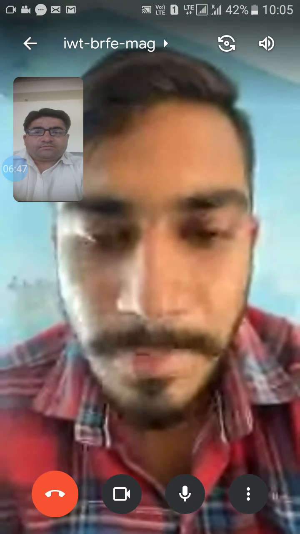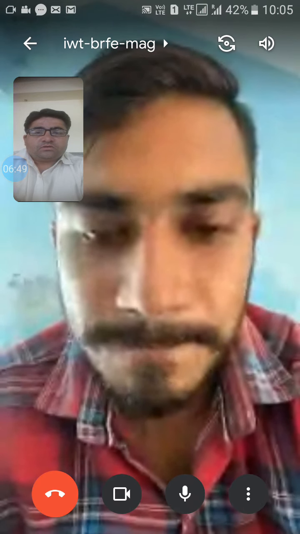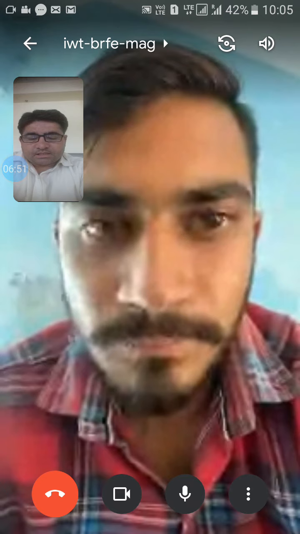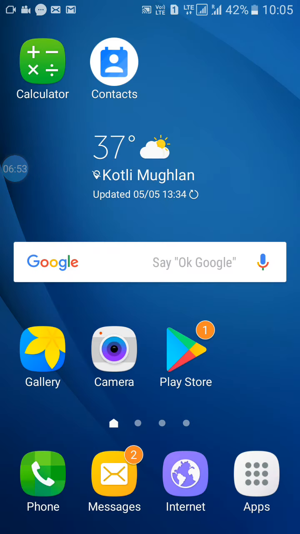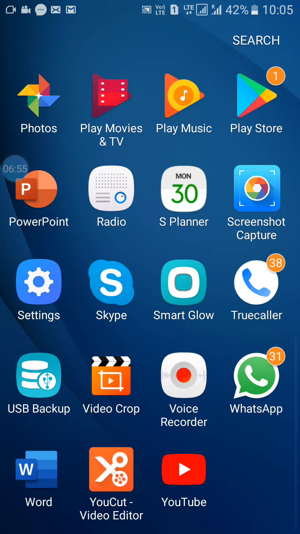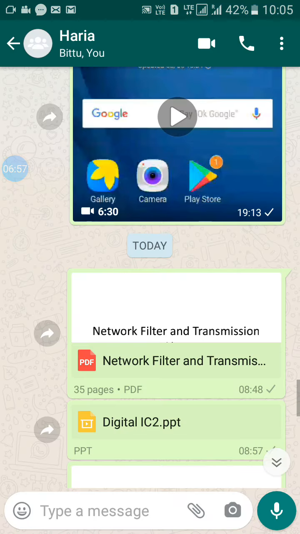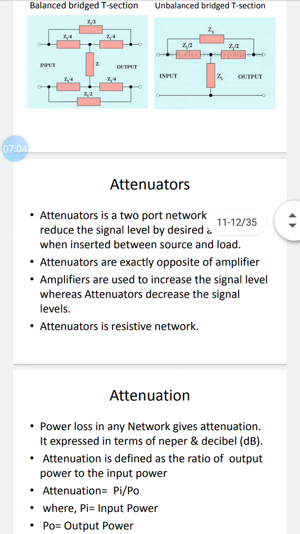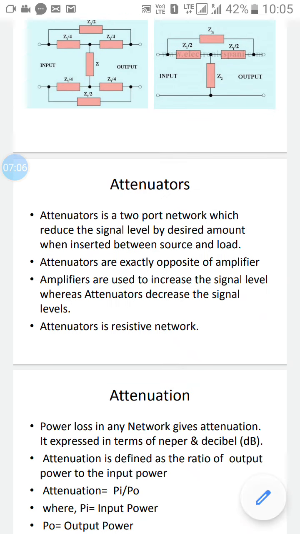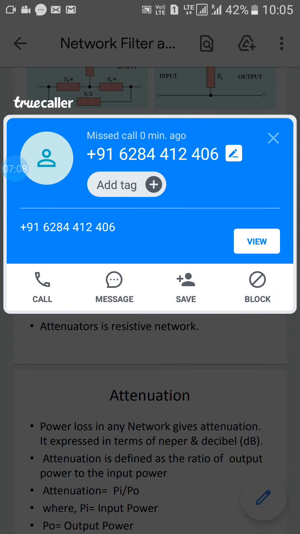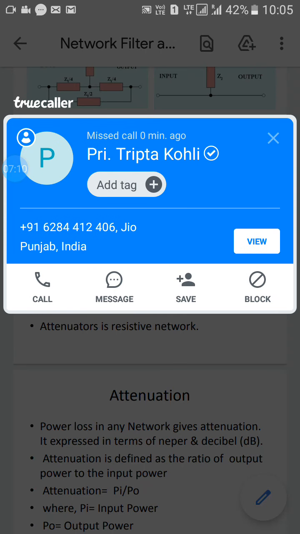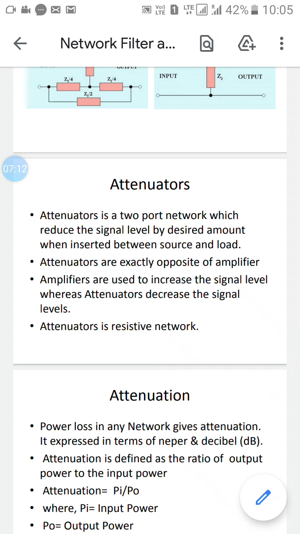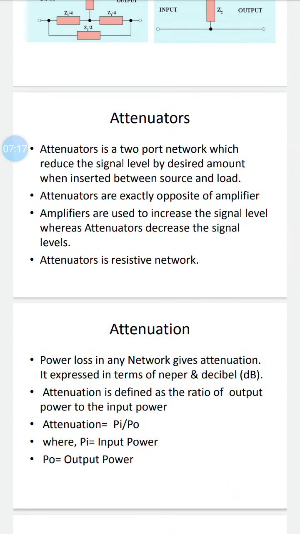You will also see various kinds of networks and various advantages of the system. After that, we will come to know about attenuation. Attenuation is the power loss, equal to input power divided by output power.